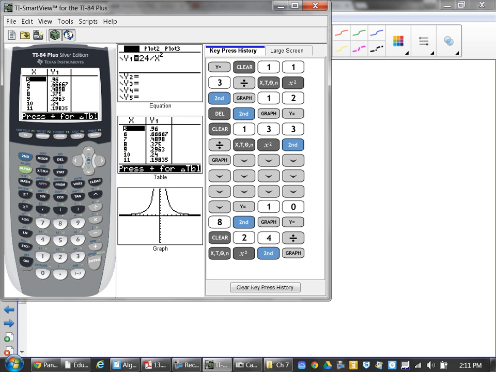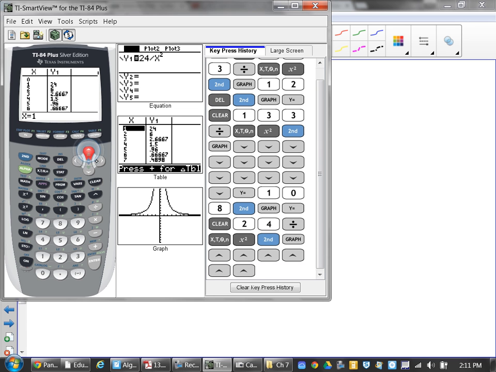You're looking for the smallest integer value before everything becomes decimals in the y column. Notice how you have 1, 24, 2 and 6, 3, 2.6, 4, 1.5, and so on. That means 2 root 6. That's how you can simplify these.